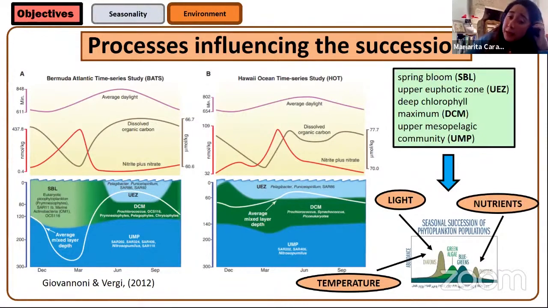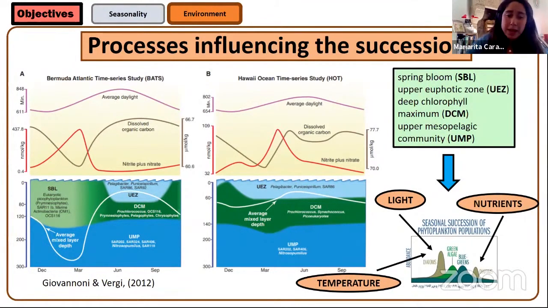But aside from light, what has been brought by the literature in the last decades is that temperature is one of the most important factors, sometimes even more important than light, because it has been shown lately that many species are moving towards the North Pole because of climate change and the change in temperature.